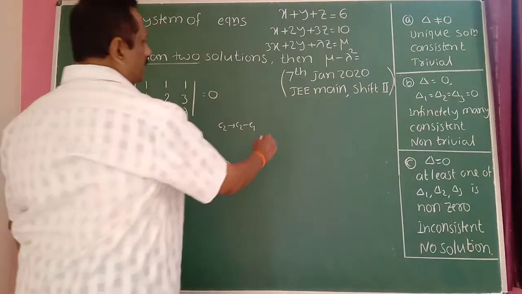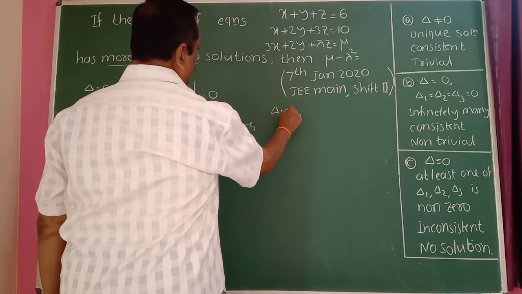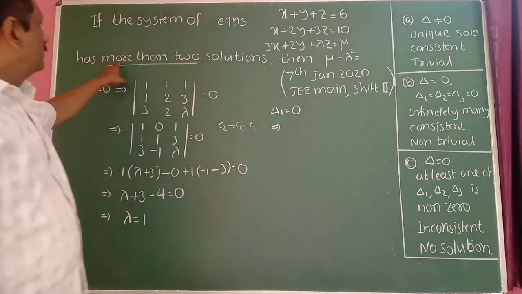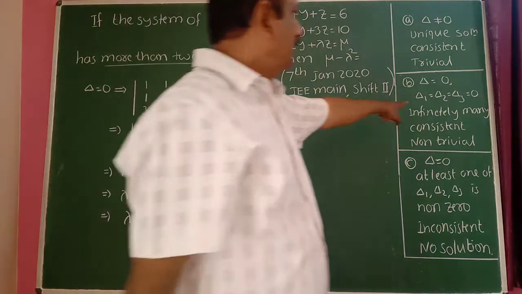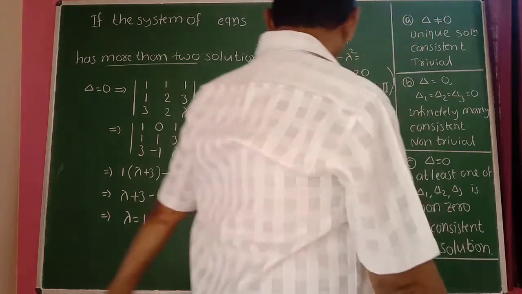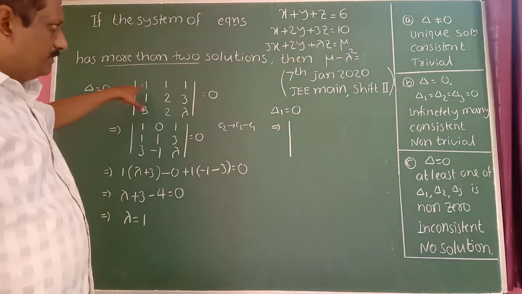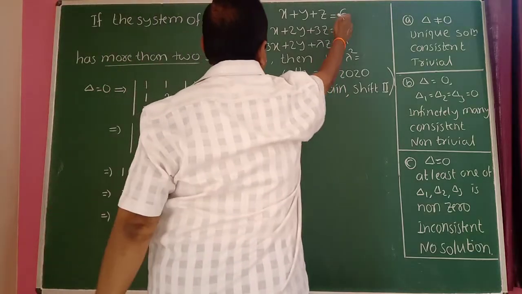Next, take delta 1 equal to 0. Because it has more than 2 solutions, delta 1 is also 0. In this case, replace the first column by these elements 6, 10 and mu.